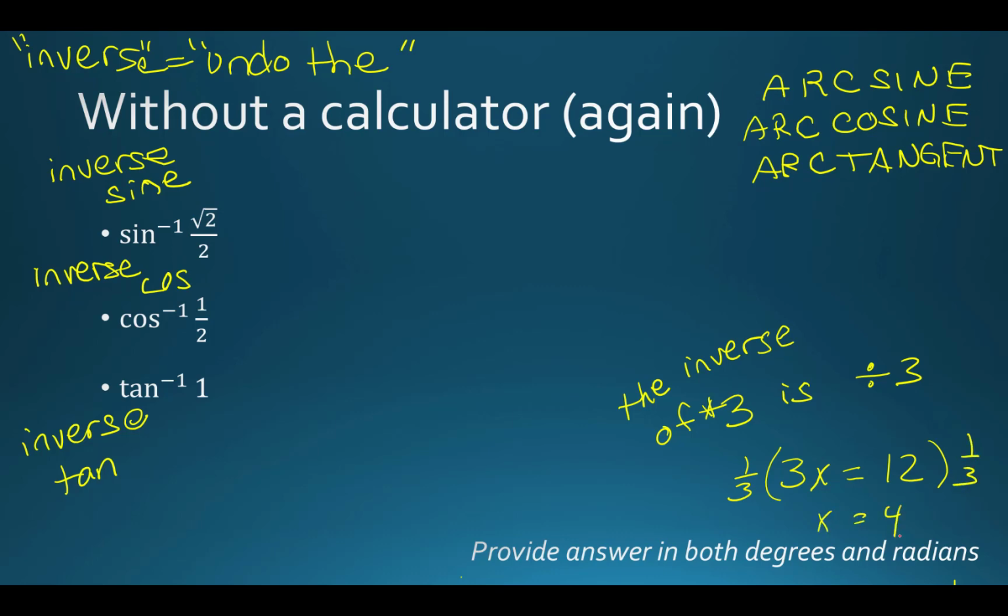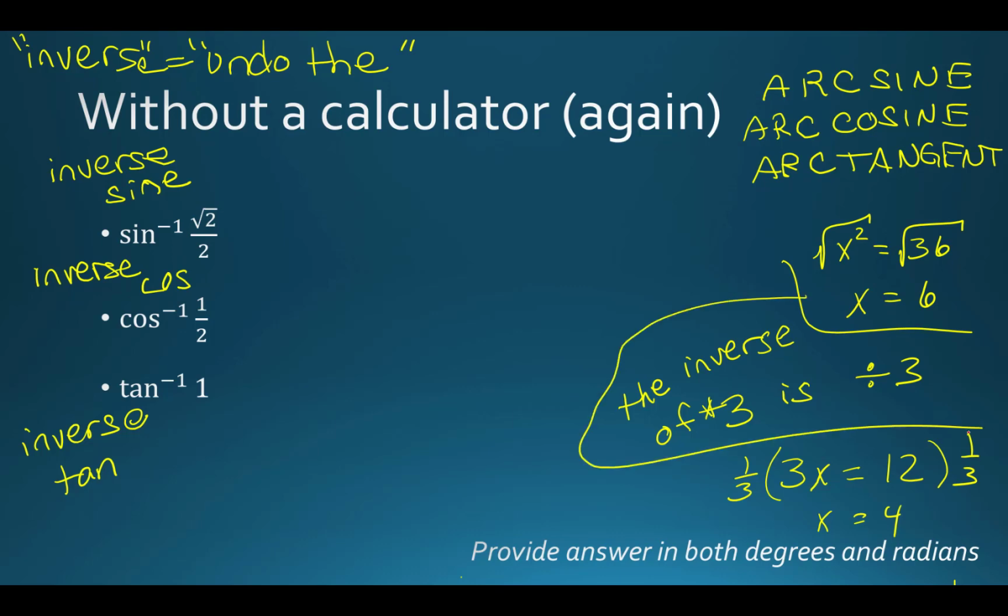I don't know if that made it better or worse. But that's what the inverse does. Like if I have x squared equals 36, then the undoing of the square is a square root. So the square root is the inverse of the square. Maybe that was a better way to do it. Okay, so the inverse is the undoing of this something.